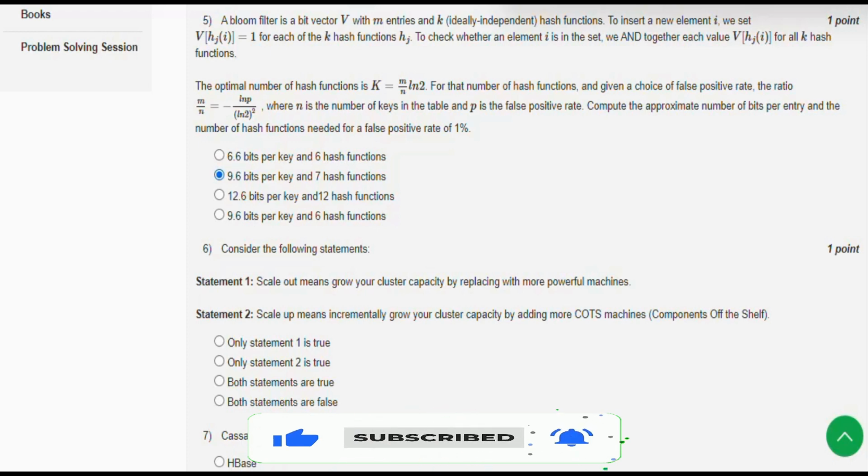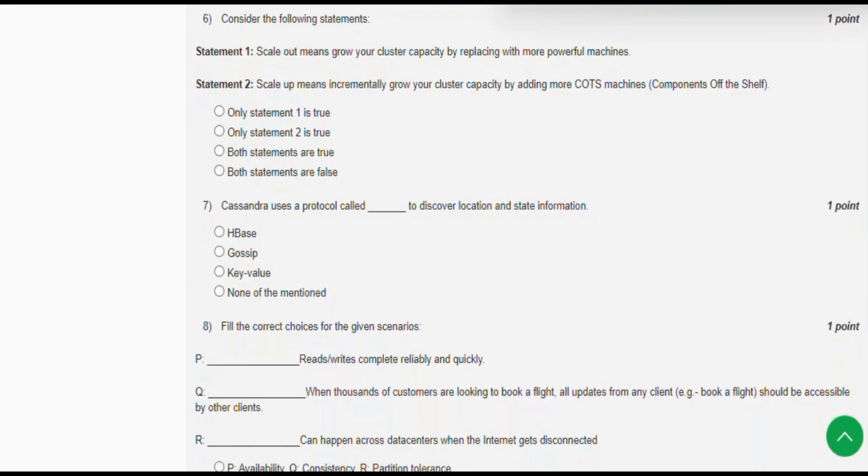Now moving into question number 6. Consider the following statements. Scale out means grow your cluster capacity by replacing with more powerful machines, and scale up means incrementally grow your cluster capacity by adding more COTS machines, commodity off the shelf components.